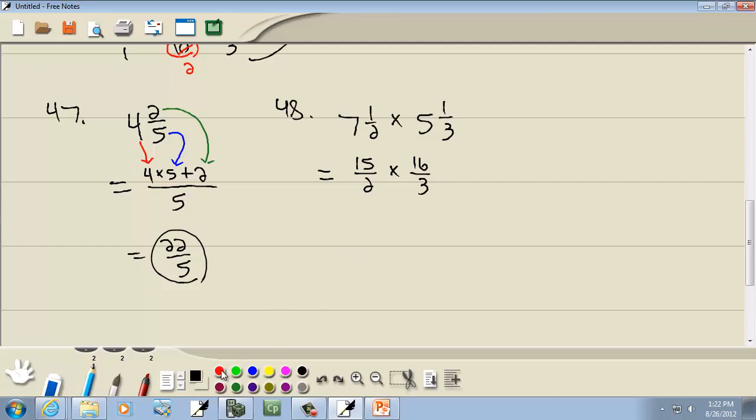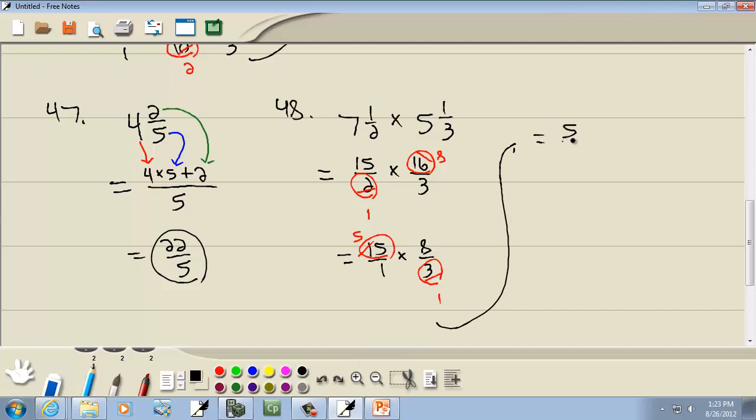Now once we have it in this form, then we proceed like we did before. If you can divide a number on top and a number on the bottom by the same number, do so. Those are both divided by 2. 2 divided by 2 is 1. 16 divided by 2 is 8. So that gives us 15 over 1 times 8 over 3. A little bit more simplifying: 15 and 3 are both divided by 3. 3 divided by 3 is 1. 15 divided by 3 is 5.